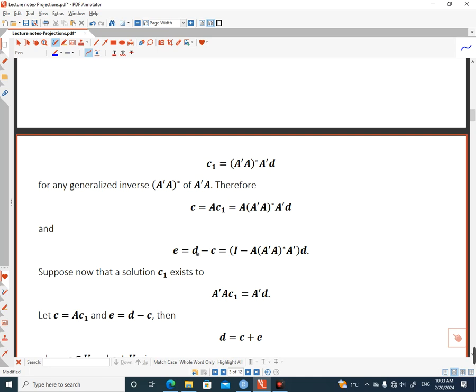We can also find E, which is the difference D minus C, and we can factorize D from the right hand side and find this formula. So the theorem is proved.